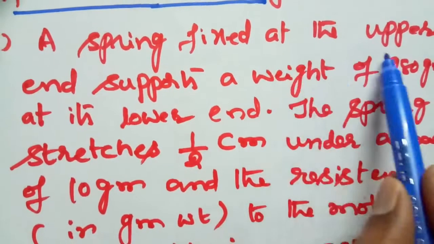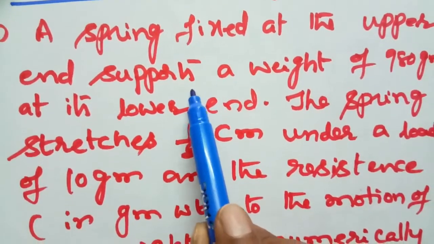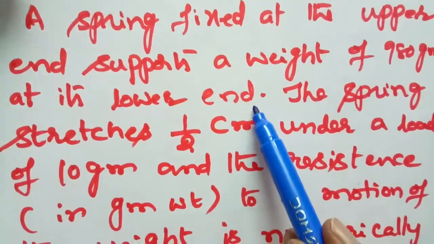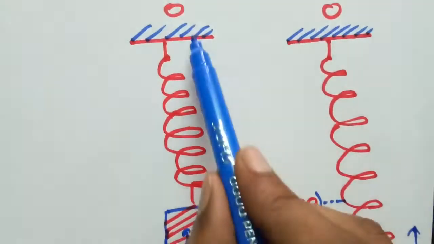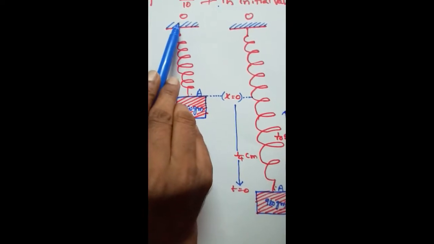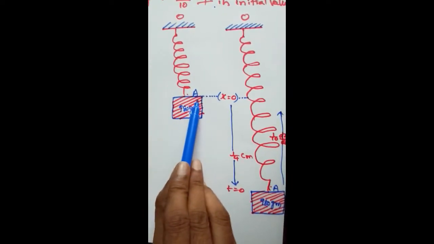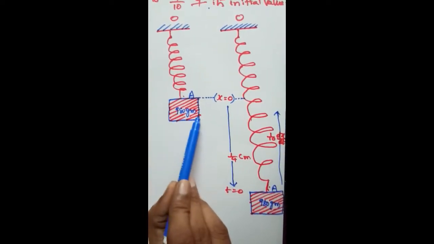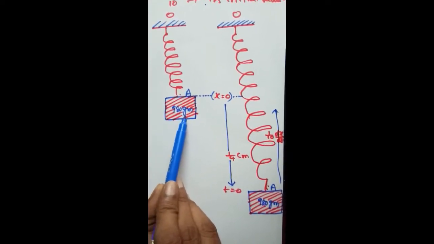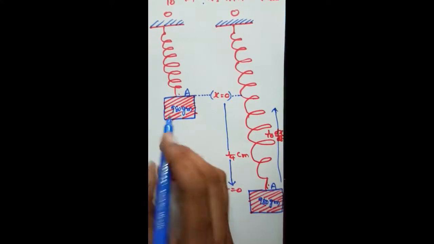A spring fixed at the upper end supports a weight of 980 grams at its lower end. This is the spring fixed at a point O, and at the lower end A we attached a weight of 980 grams. So this is the equilibrium position.